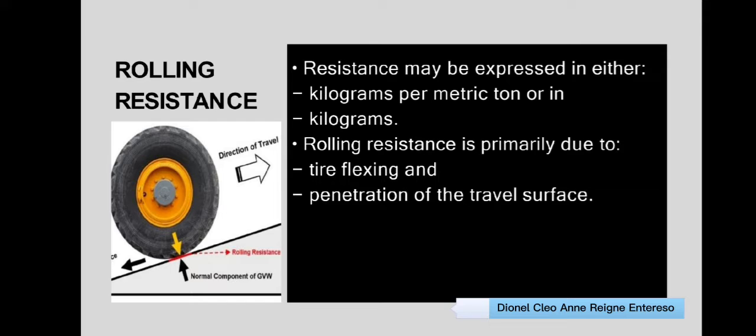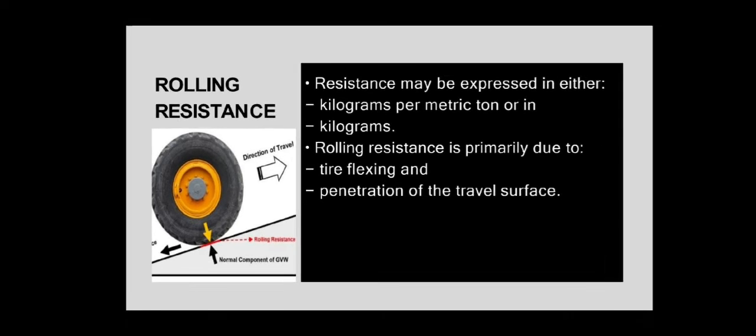And the other one is the penetration of the travel surface, or the tire penetration. It is the depth to which the rubber of a tire penetrates a surface, and it is measured in meters.